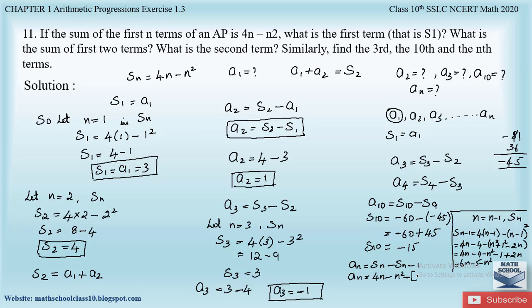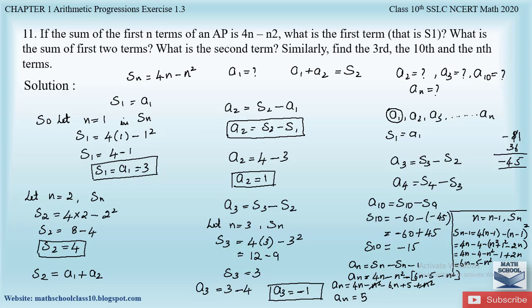So we will substitute here instead of the term Sn minus 1, that is 6n minus 5 minus n square. If we open this bracket, we will get An is equal to 4n minus n square minus 6n, minus into minus will be plus 5, and minus into minus will be plus n square. Here we can notice that minus n square and plus n square will get cancelled.